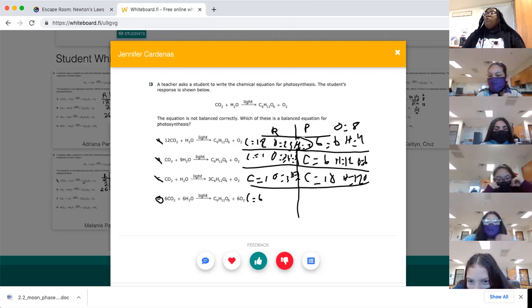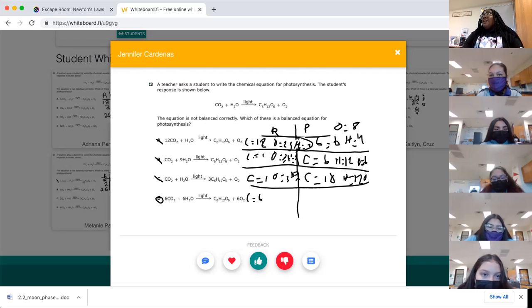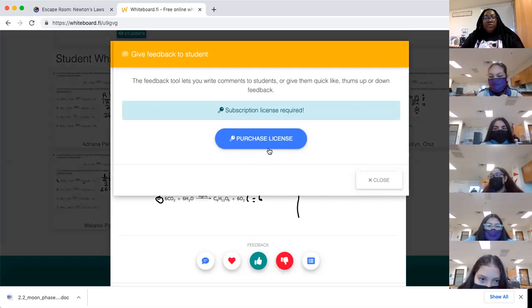Remember, in order for our equations to be balanced, you must have the same number of atoms on your reactant side and your product side. All right, good deal.